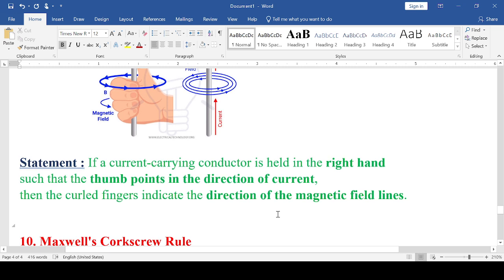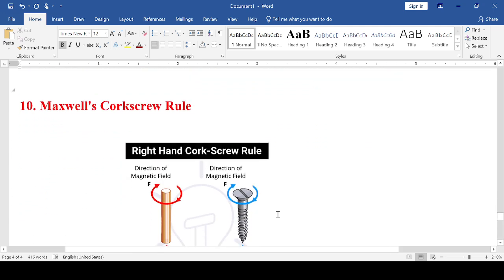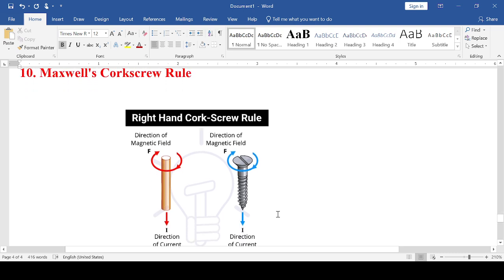If a current carrying conductor is held in the right hand, the thumb will point in the direction of the current and the curled fingers will point in the direction of the magnetic field.